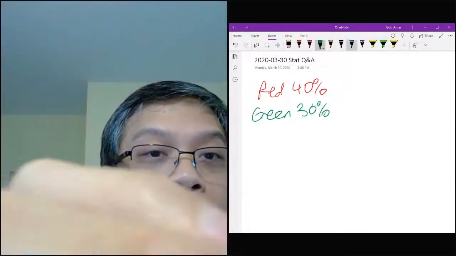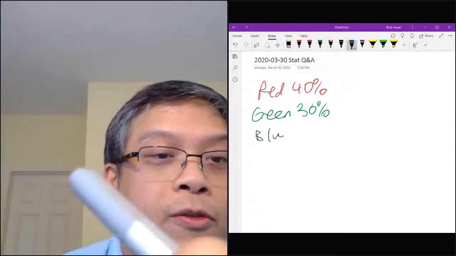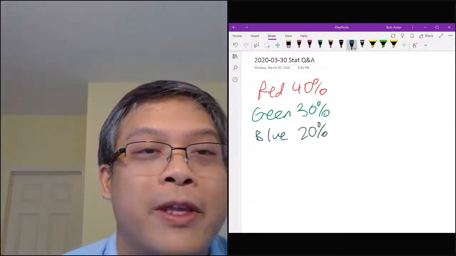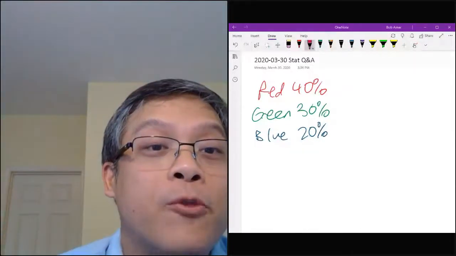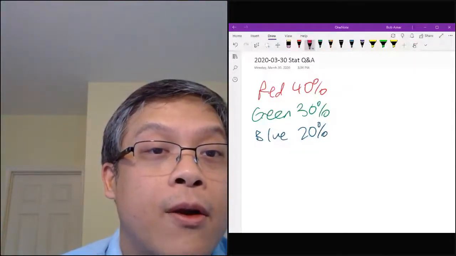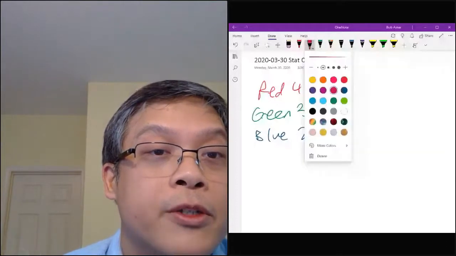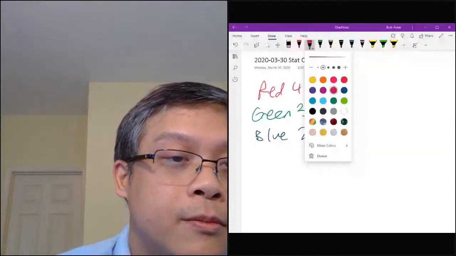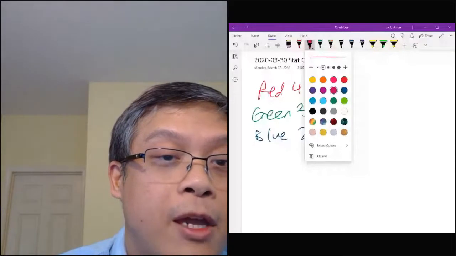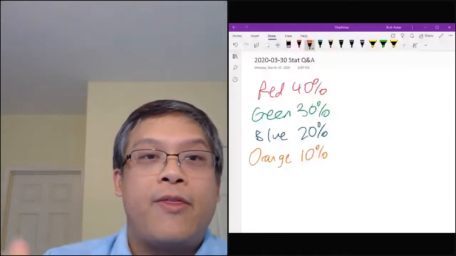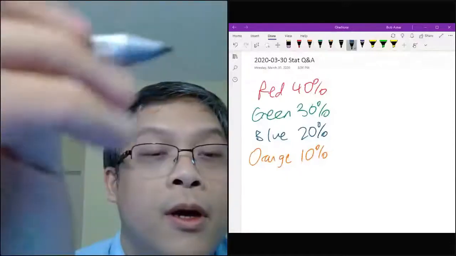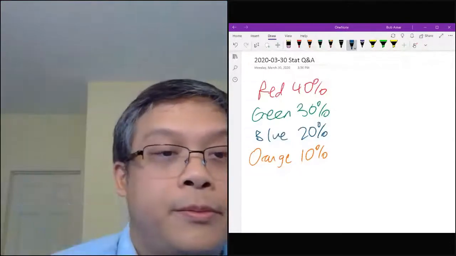And let's say that blue jelly beans, I don't know if blue jelly beans are particularly appetizing, make up 20%. And then there are orange jelly beans, and they make up 10%.